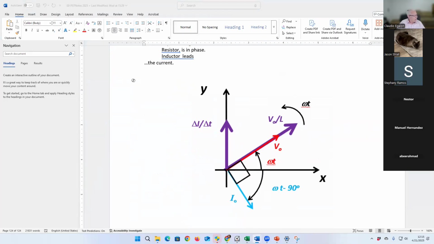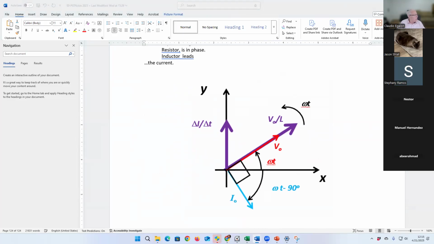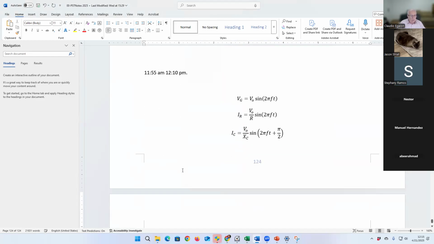And this one is going to be the voltage. And now we can display everything at once.